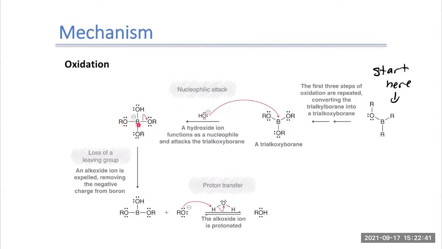The boron will then go and lose one of the OR groups, one of the alkoxide groups. When it loses an alkoxide group, now that's floating in solution, and that gets protonated by some of the water that's around, which gives us our final alcohol.